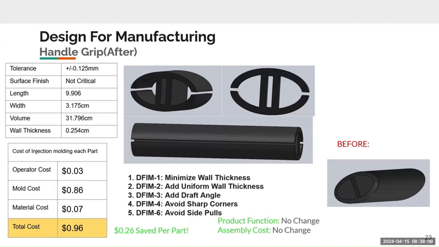With the decreased material cost, the uniform thickness, as well as changing the angle, we were able to cut our total cost to 96 cents, which is a 26-cent saving per part. This does not affect the product function or the assembly cost at all.